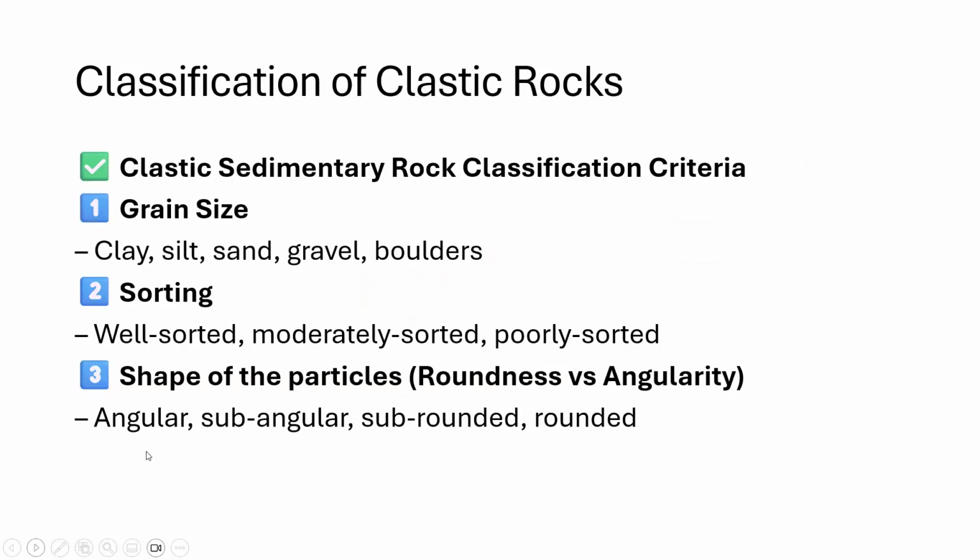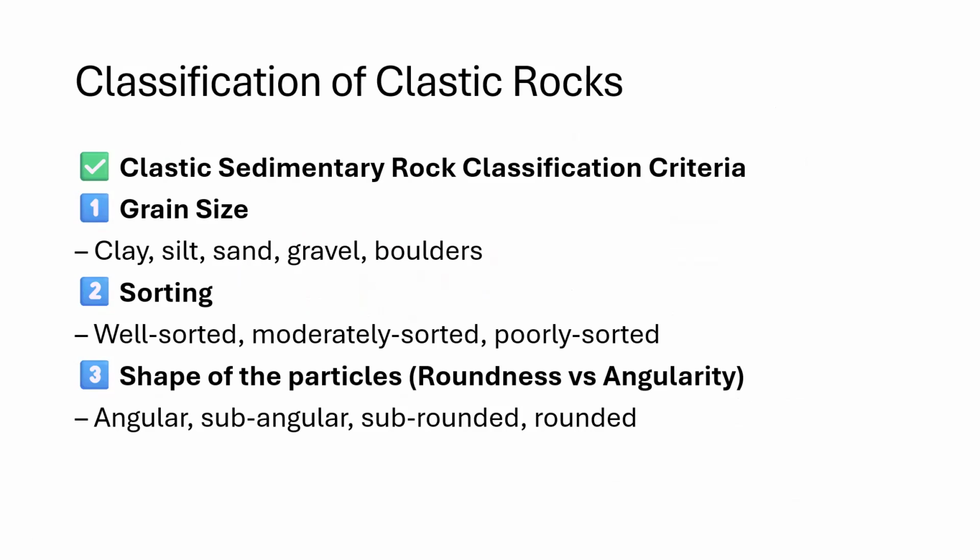So let's now talk about the most common clastic sedimentary rocks. All right. Oh, but before we talk about that, let's understand how clastic sedimentary rocks are classified. They're classified according to grain sizes, which we just dealt with recently.